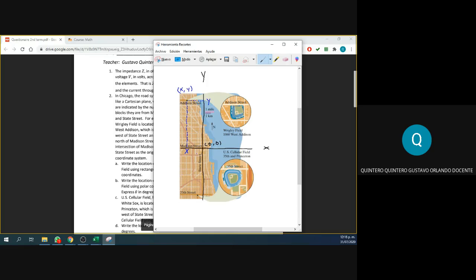We just need to find out what is this measurement from here to here. How much am I moving to the left? And also, how much am I moving up from here? I just need to find out those pieces of information.